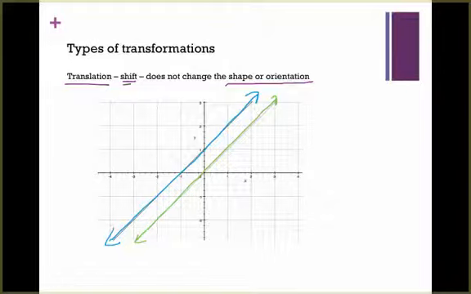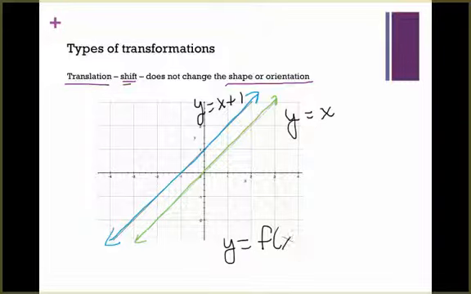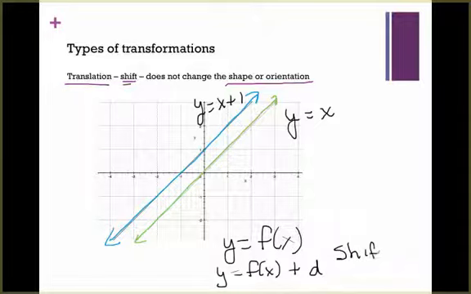So if our original graph is y equals x, then our shifted graph would be y equals x plus 1, because we just shifted up 1. If we have a function y equals f of x, then y equals f of x plus some constant, let's say d, is going to be a graph that gets shifted up some positive amount d. Whatever the value of d is, that's how much we're going to shift up.